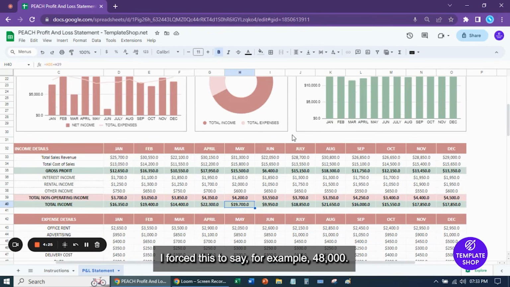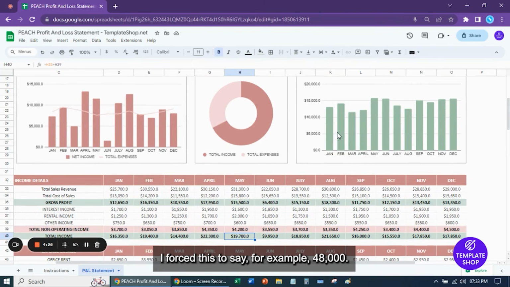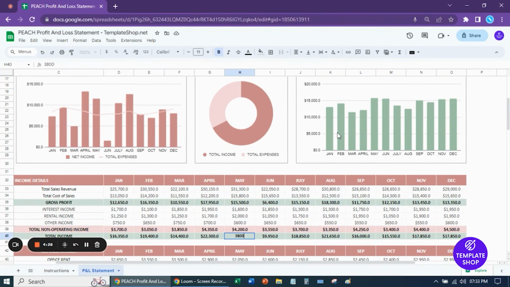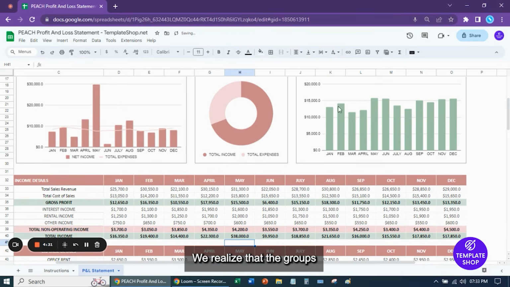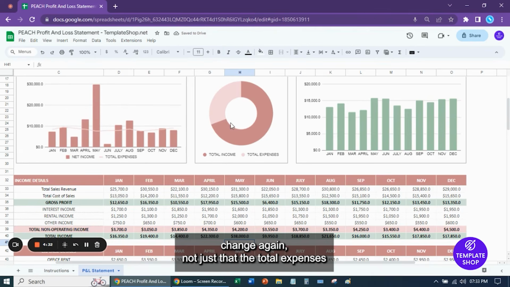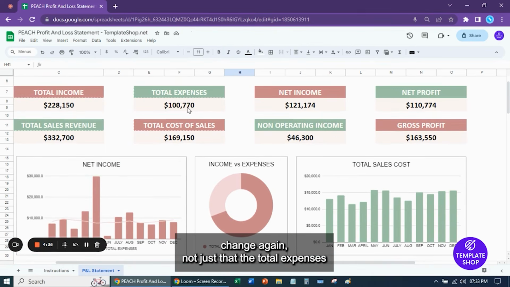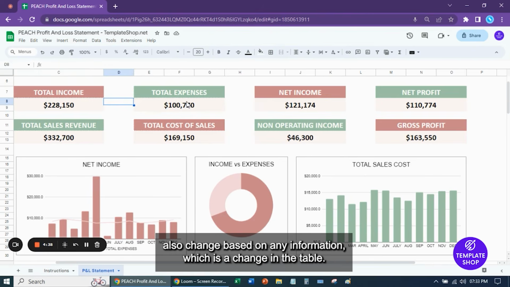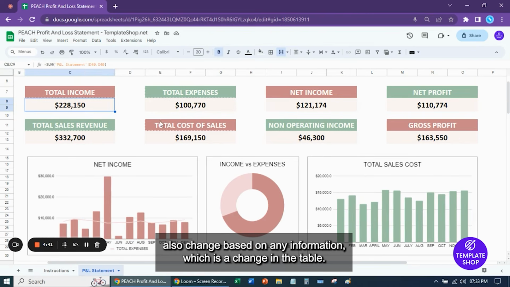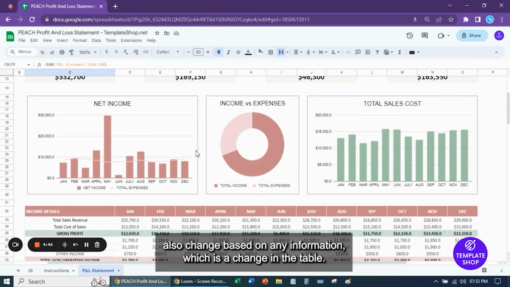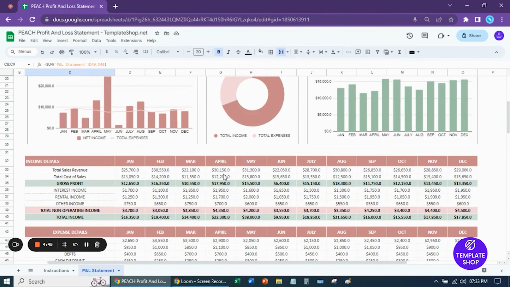I force this to say, for example, 38,000. We realize that the graphs change again. Not just that, the total expenses also change based on any information which is changed in the table.